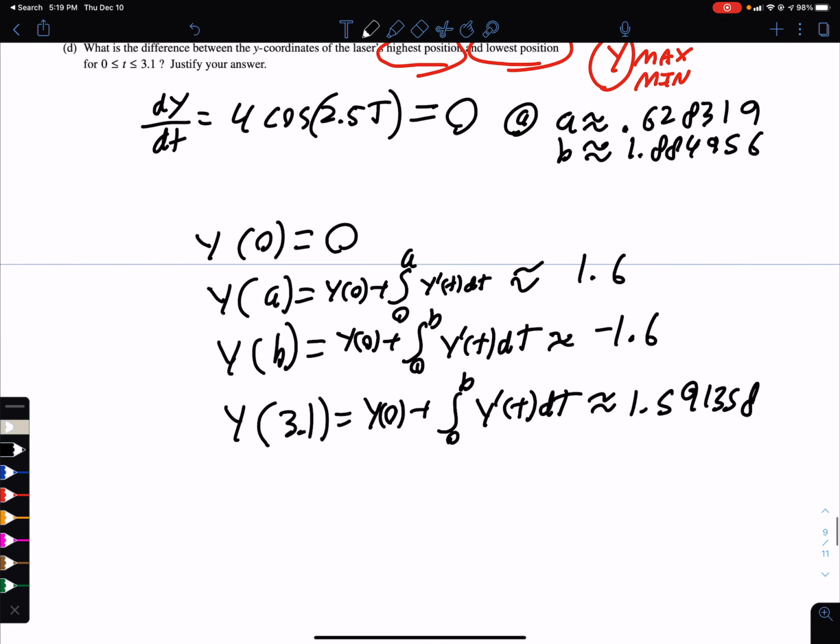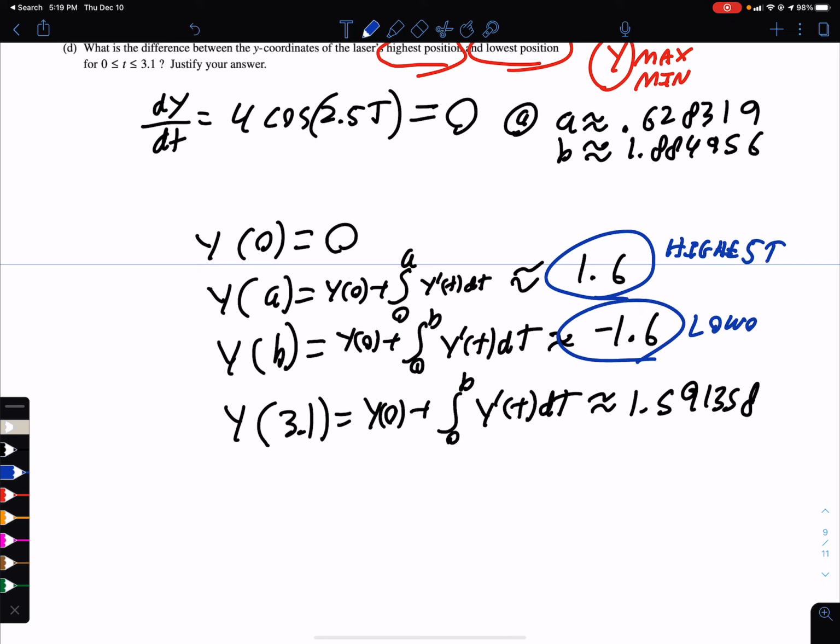Well, where's the highest? There's the highest. Where's the lowest? That's the lowest.